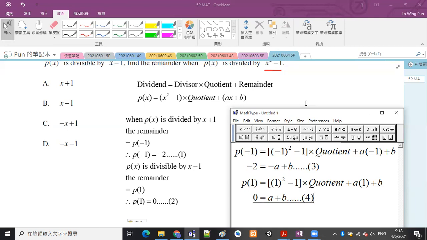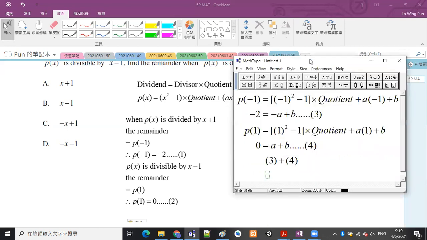Good. I see most of you are using the method of substitution. So I'm going to use the method of elimination.